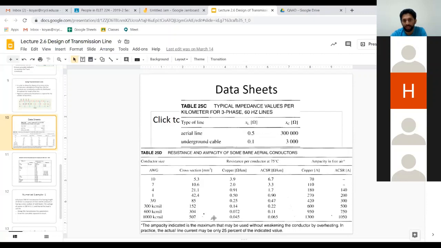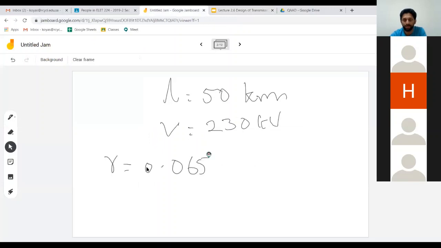What is the resistance? Resistance per kilometer. Small r is 0.065. This is small r.